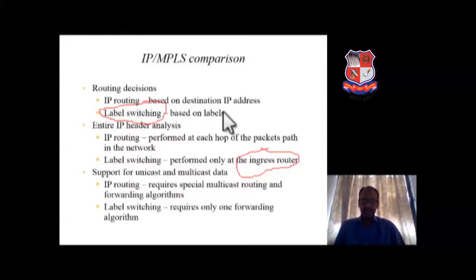But in MPLS, it's only about label switching and requires only one forwarding algorithm. So not much processing is happening over the IP datagram for routing that datagram, and that's why there is a significant amount of time saving in this mechanism.